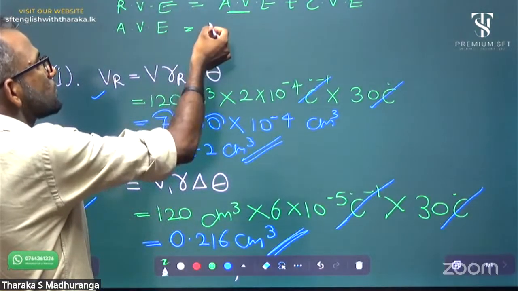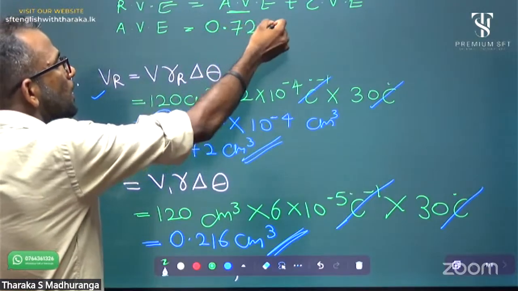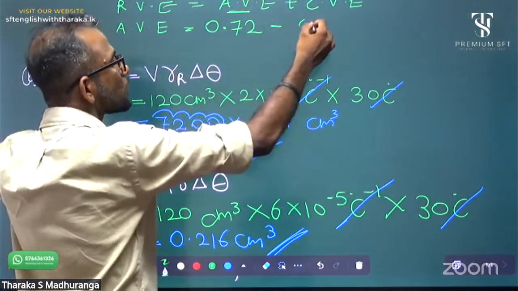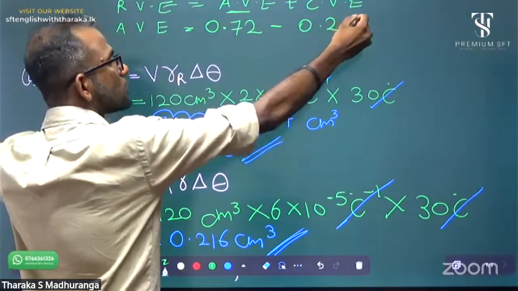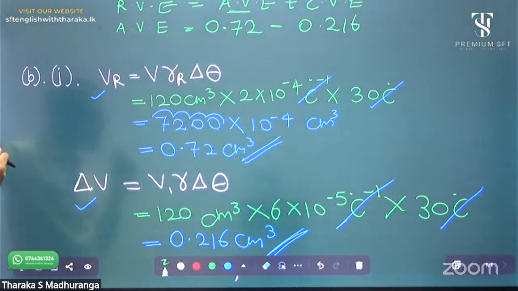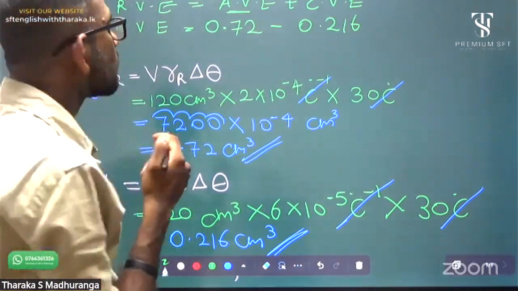Now, what is the real volume expansion? 0.72. The container volume expansion is 0.216. Get the difference; it is the apparent volume expansion. What's the answer? 0.504.